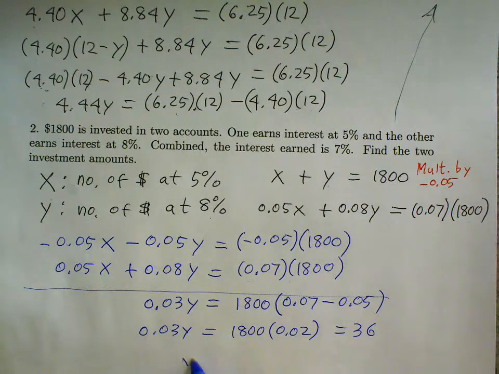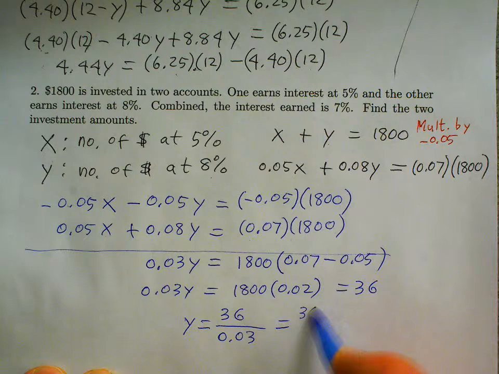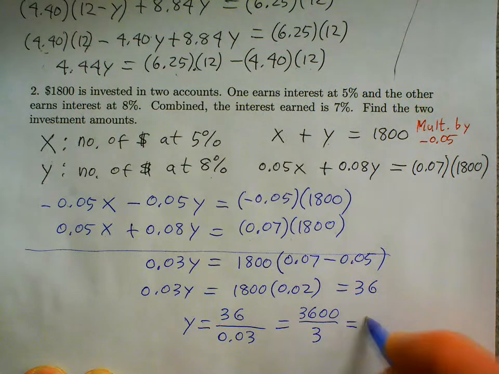And so the value of y is 36 divided by 0.03. 36 divided by 0.03 is the same as 3600 divided by 3, which is 1200.